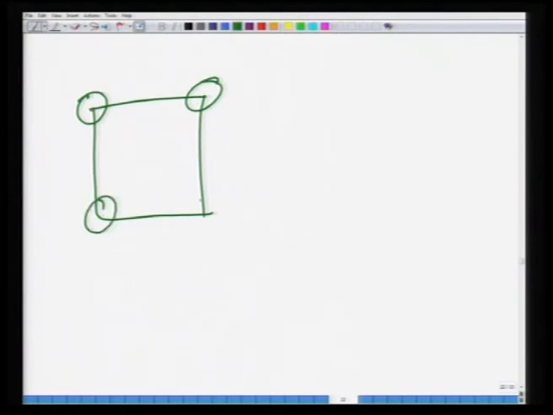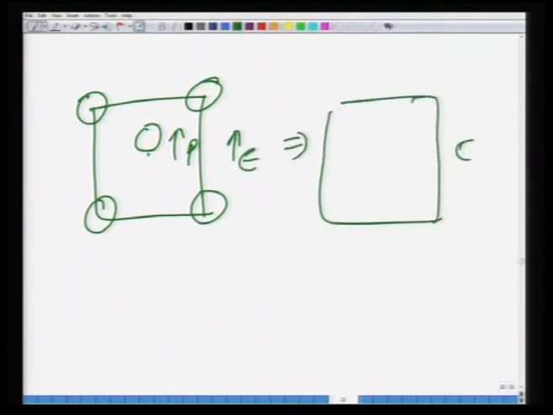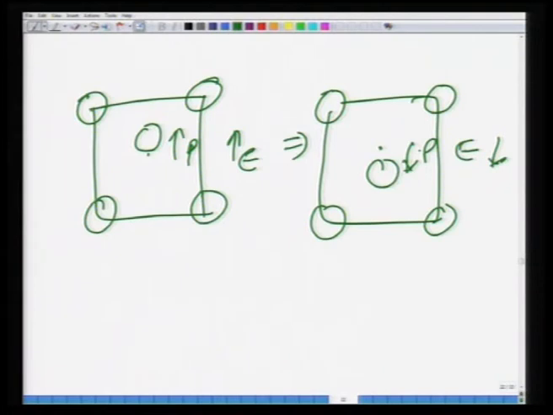For a ferroelectric, what will happen is, so this is, let us say, P direction and this is E direction, and when you reverse E, when you make E in this direction, the P also becomes in this direction.